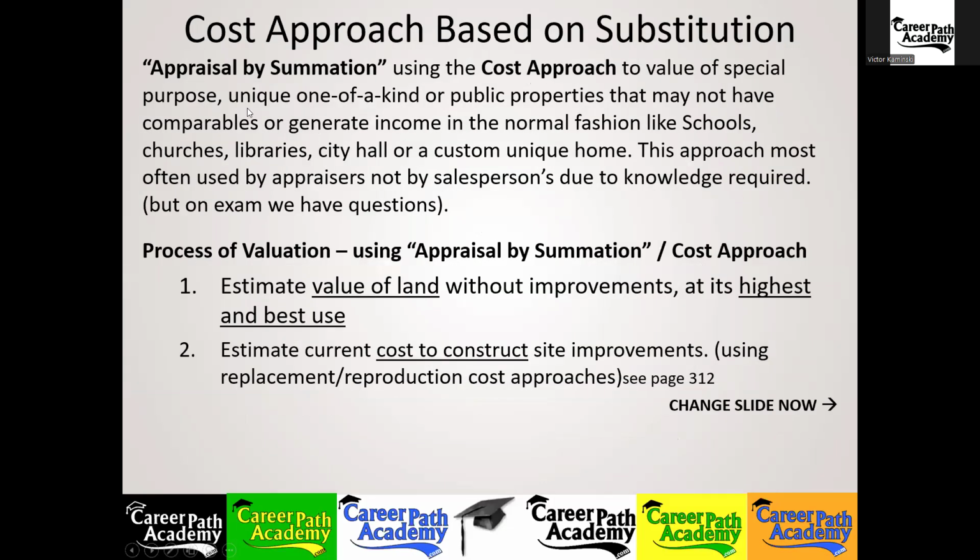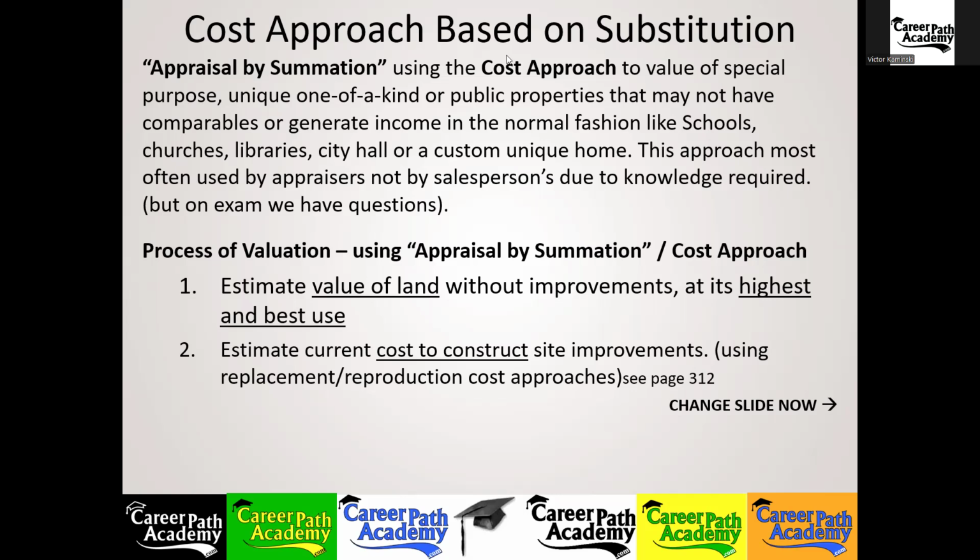All right, so let's go over the appraisal, the cost approach, also known as the appraisal by summation. And the cost approach is based on substitution. Remember where the cost of a property is set by the cost of purchasing another?